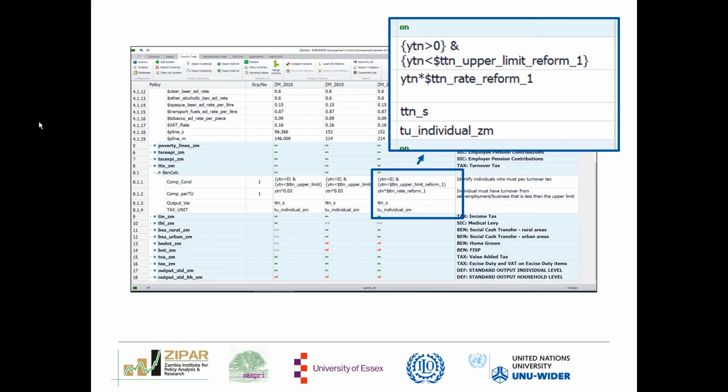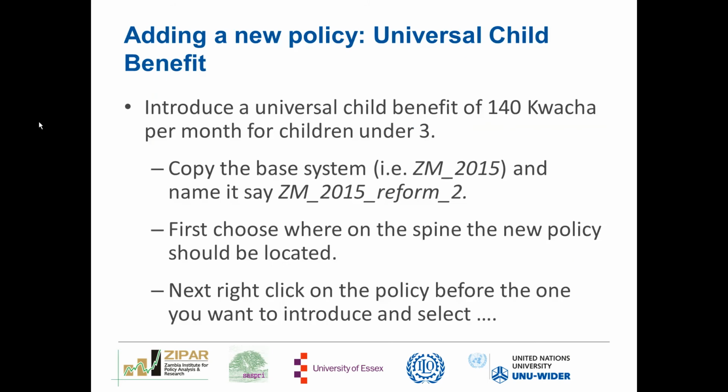Then we take this income from turnover and multiply it by the new rate for reform 1, which is 5% or 0.05. The output variable which is generated is TTN_S, and all of this is done at the level of the individual. So that's how we make a change to an existing policy.